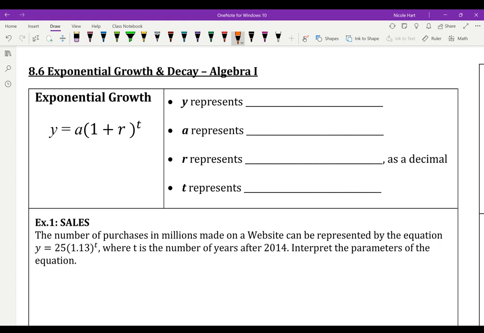Our format for that function is y equals a(1 + r)^t, where y represents our final amount, a represents the initial amount. That'd be like our starting amount.